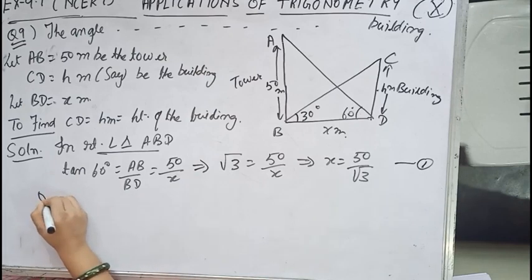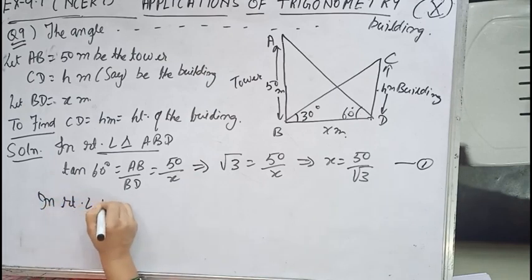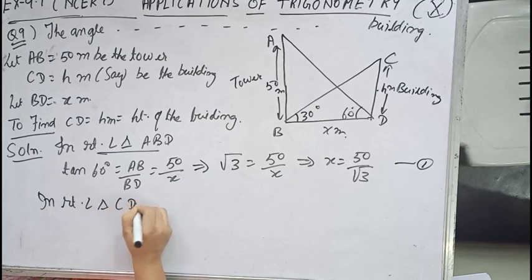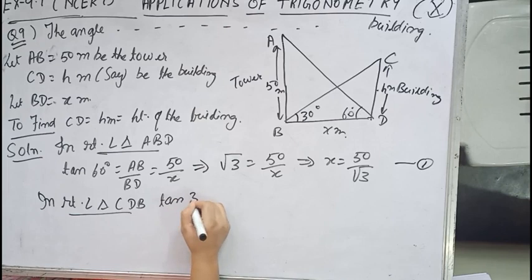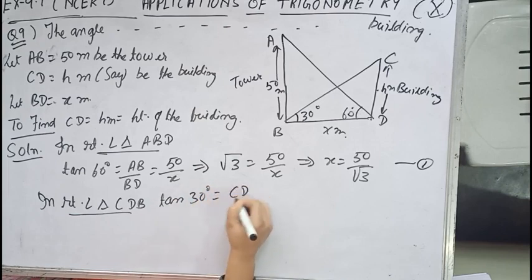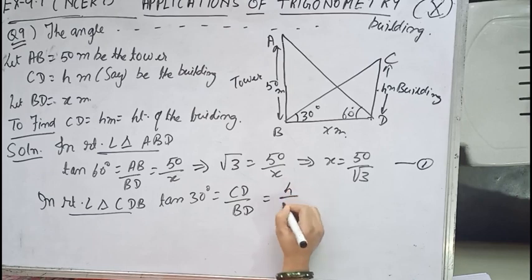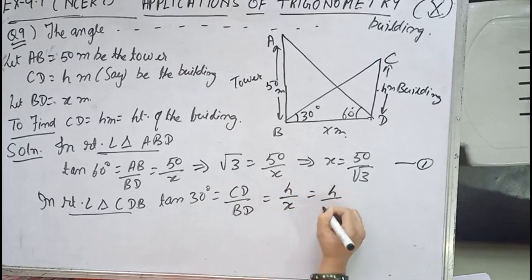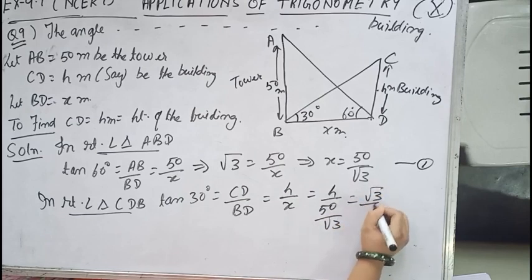Now in right angle triangle CBD, tan of 30 degree equals to CD by BD equals to h by x equals to h by 50 by root 3 equals to root 3 by 50 h.